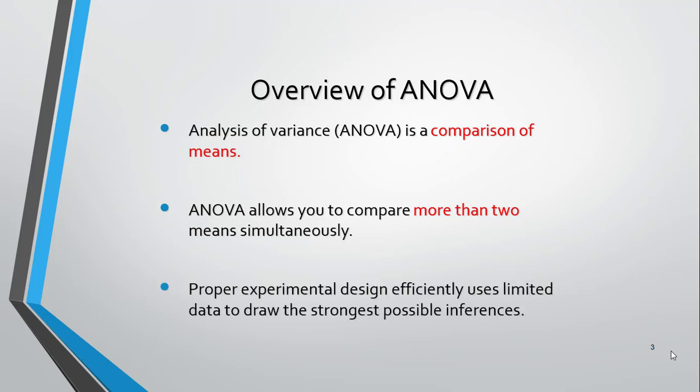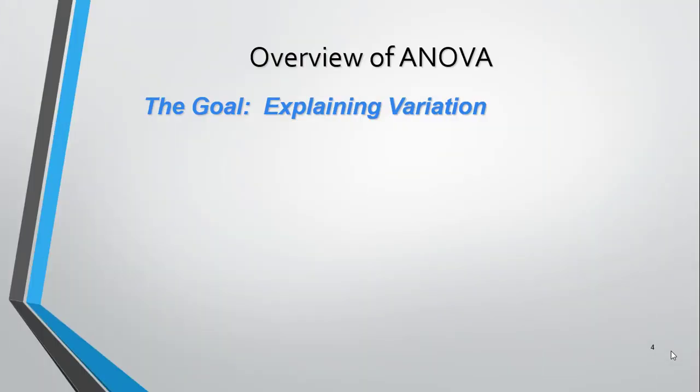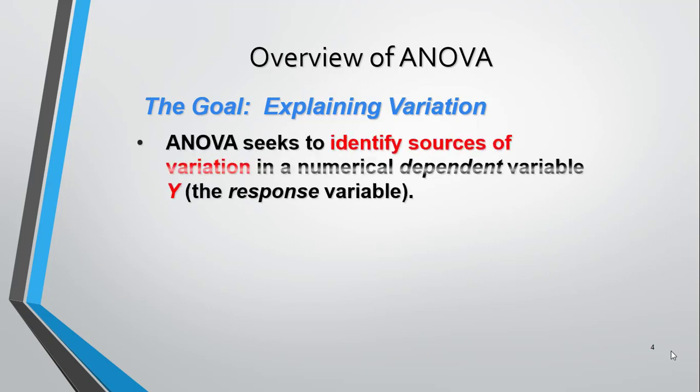Proper experimental design efficiently uses limited data to draw the strongest possible inferences. It's quite powerful. The goal of ANOVA is explaining variation.